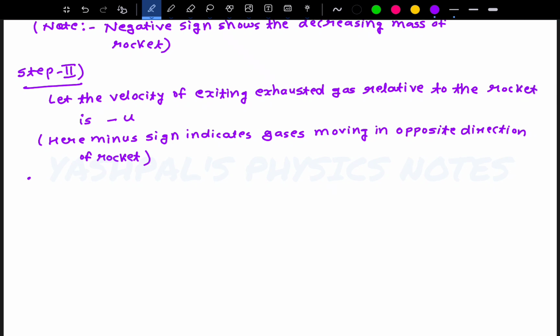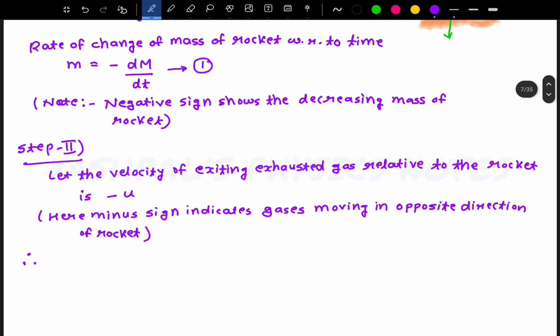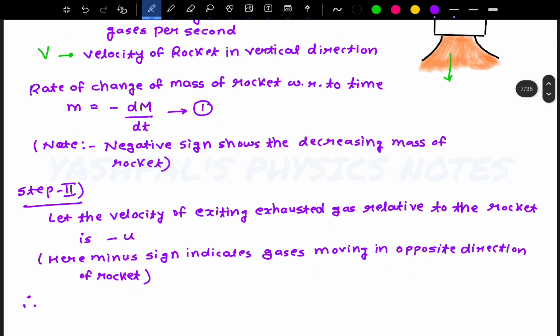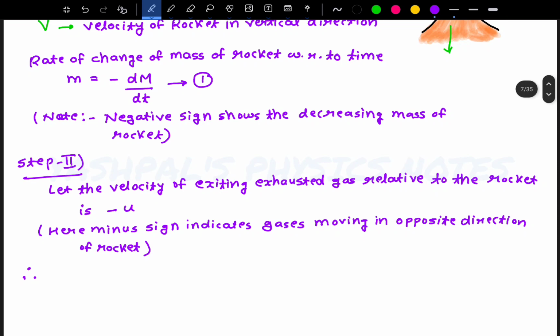So therefore, when we combine this, that is the velocity of rocket and the velocity of this exhausted burning gases, in our next step I am writing the velocity of gas.